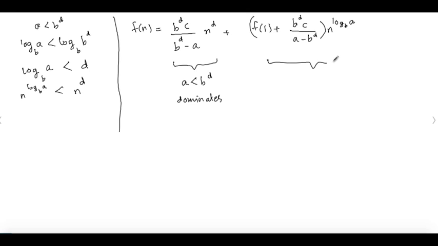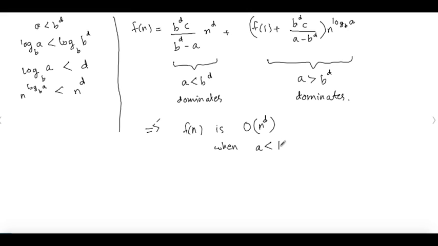When a is greater than b^d, this guy dominates. So this means f(n) is O(n^d) when a is less than b^d, and f(n) is O(n^(log_b a)) when a is greater than b^d. Okay, so we have actually proved our Master's theorem.